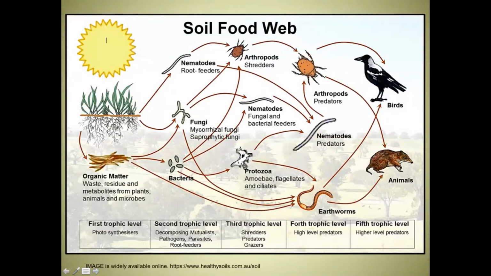Diversity below the ground is a pretty new thing to us. Well, it's not new, it's just new to humans. We are just beginning to understand the dynamics of the soil food web.